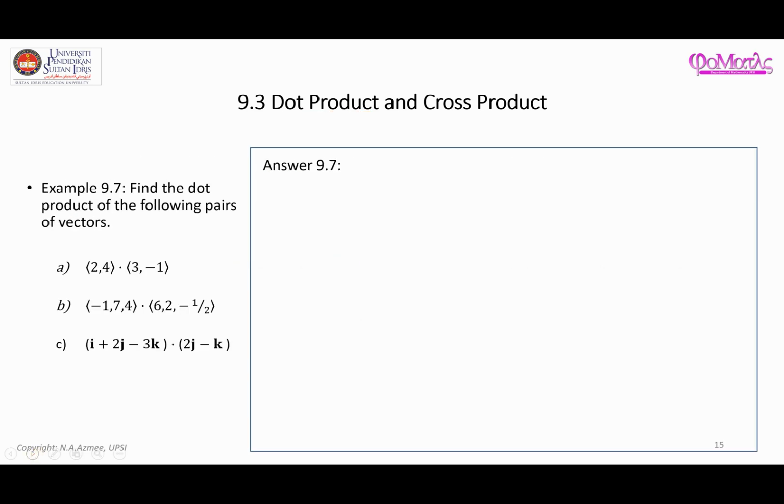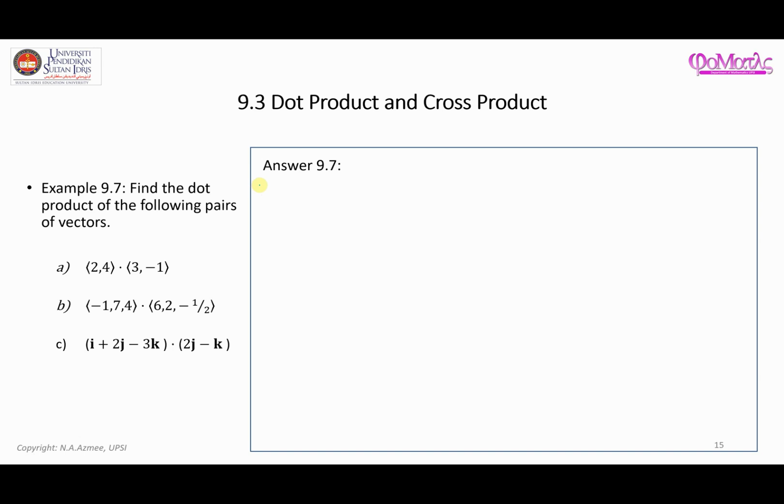Let us go through some simple examples to illustrate the idea of the dot product. The first one: you have the two-dimensional vectors (2, 4) and (3, -1).